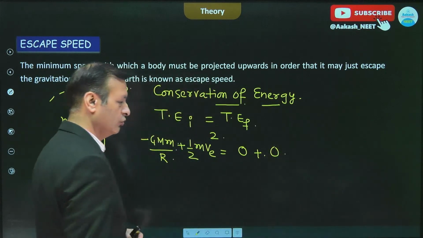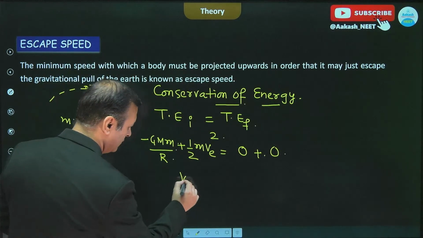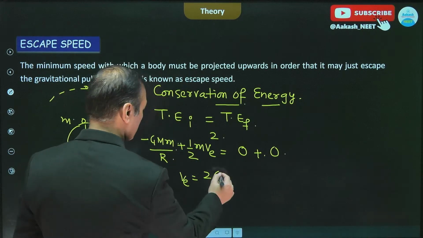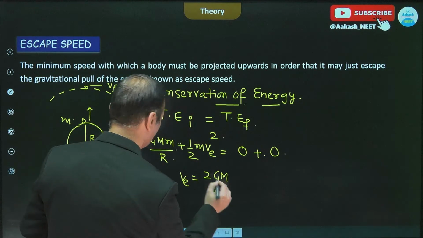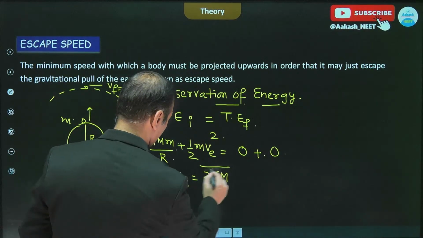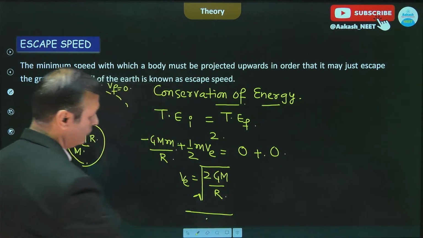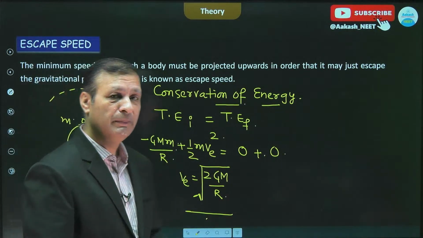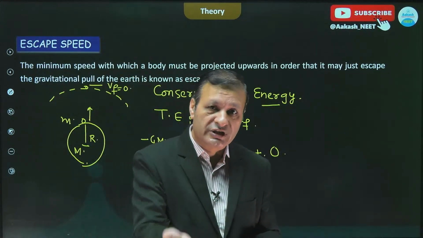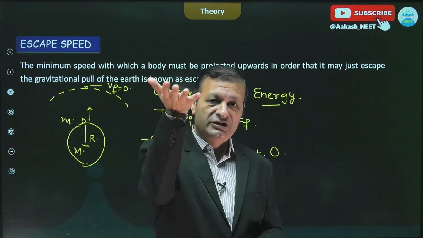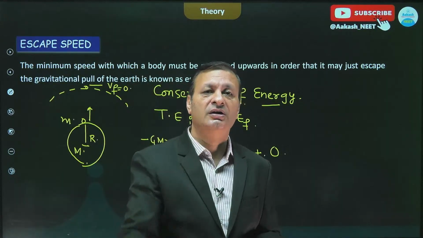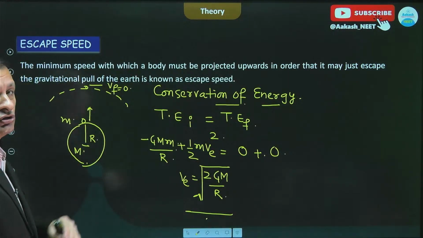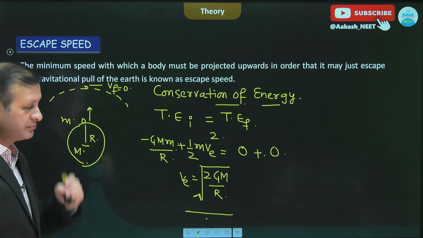So this is 0, and when you solve it, this is the escape speed, that is the minimum speed with which a body is projected up so that it manages to just reach the outer surface of this gravitational field part. So this is the escape speed.